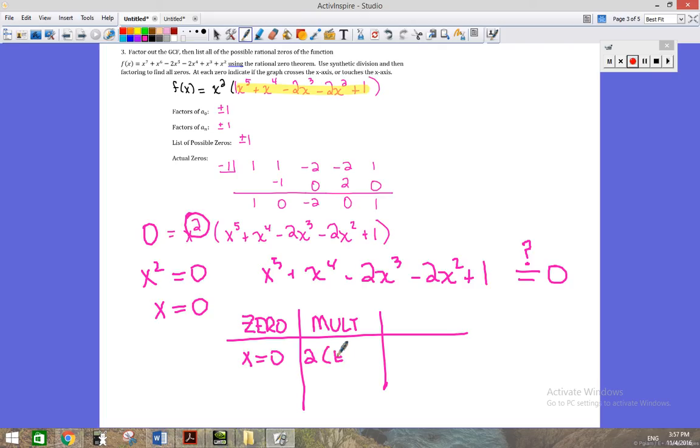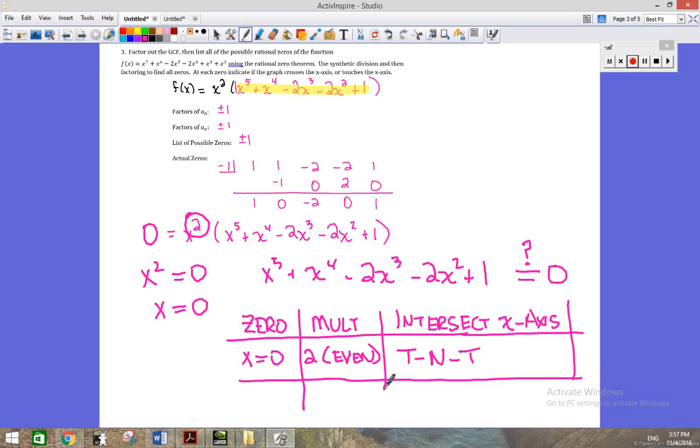And since that's an even value, I know that the graph is intersecting the x-axis as a touch and turn. I'm going to abbreviate touch and turn with TNT. That's as much information as I can get from this first factor.